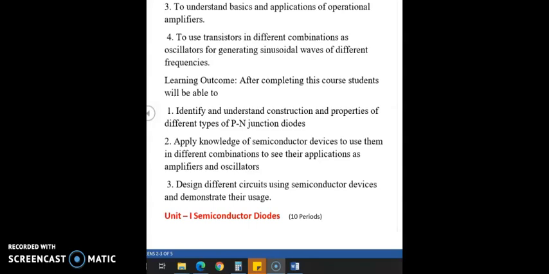Simple concept. Then what is meant by a conductor? Good conductor, only conductor, superconductor, these are again types of conductors.